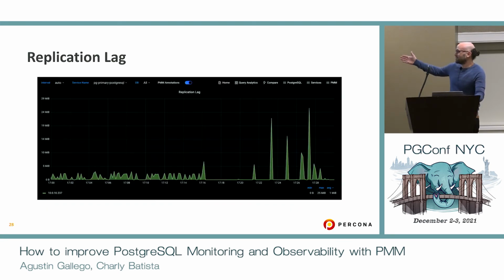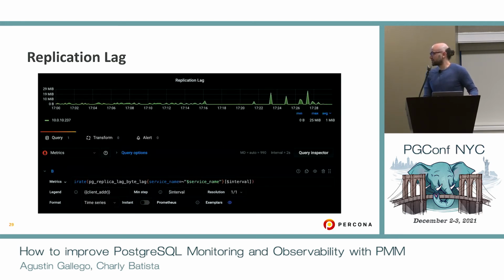So yeah, this is what we would get in this specific case. And we would also like to mention that you have to have some knowledge of the PromQL language, which is really basic, as you can see. This is how we get the metrics out of Prometheus or Victoria Metrics, which is what we are currently using.